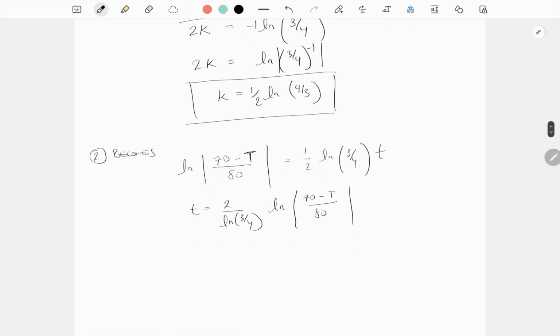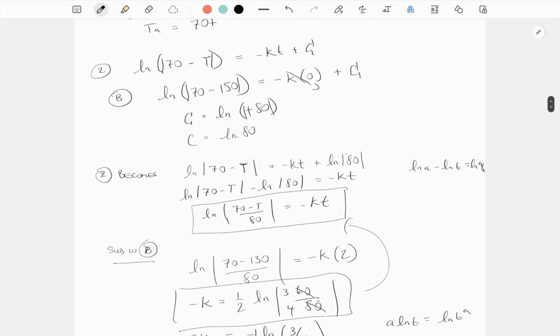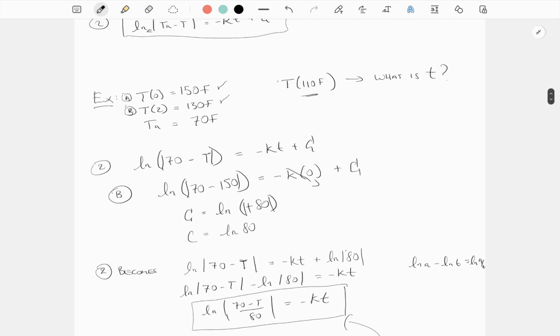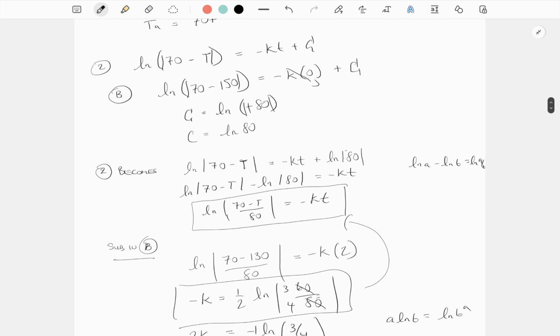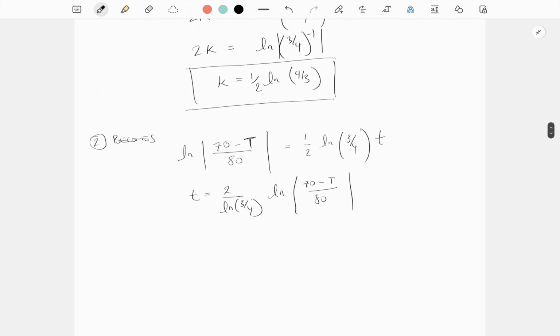What was the question? How long does it take for the temperature to fall to 110 degrees? So t equals 2 over ln of 3 over 4 times ln of 70 minus 110 over 80. 70 minus 110 is negative 40; take the magnitude, and it's ln of 1/2.